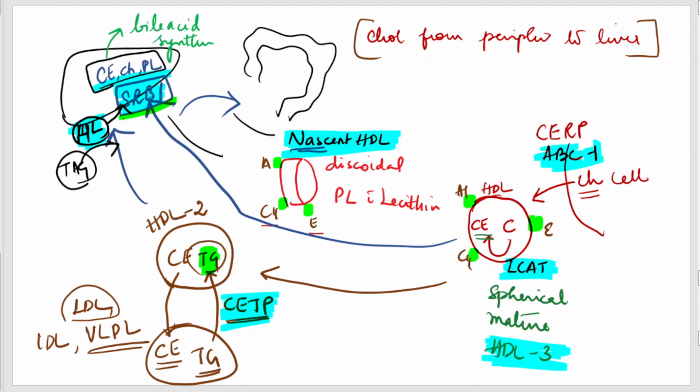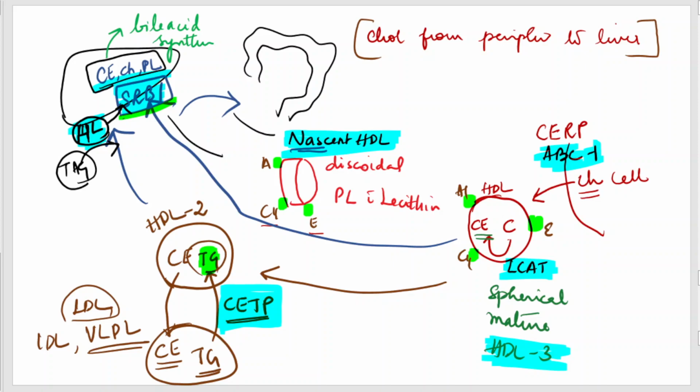This happens through the cholesterol ester transfer protein. So this HDL will now contain more triglyceride content, and the cholesterol ester content will be reduced. This is now called the HDL2.